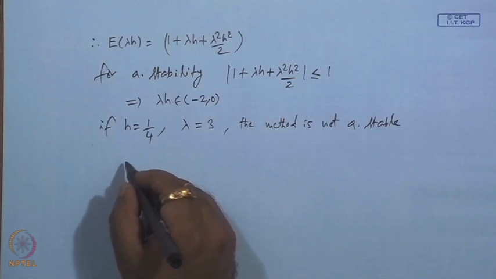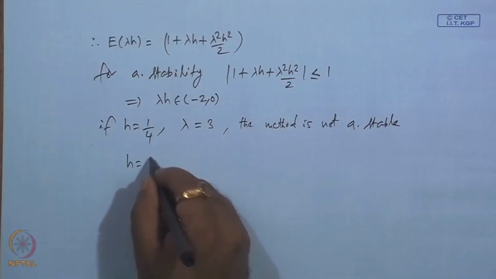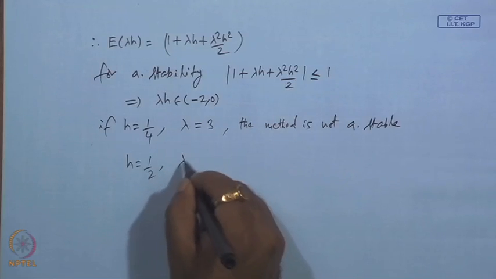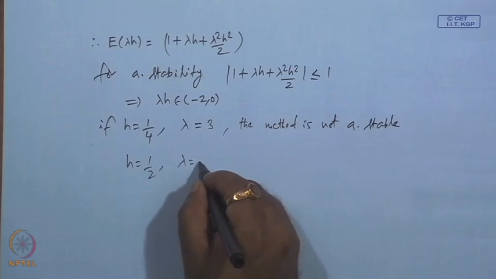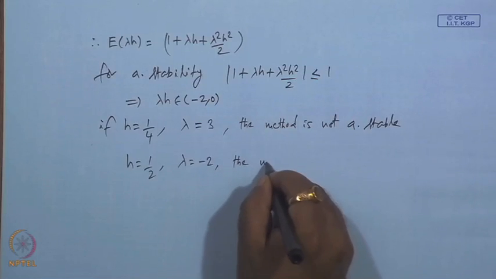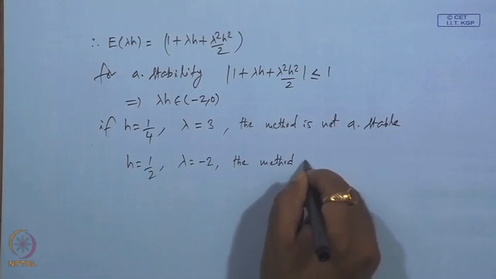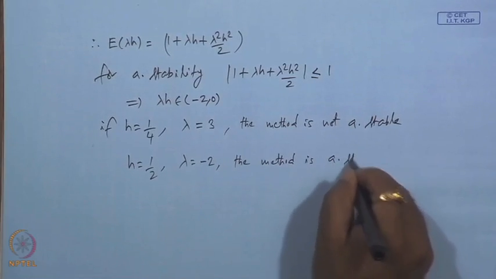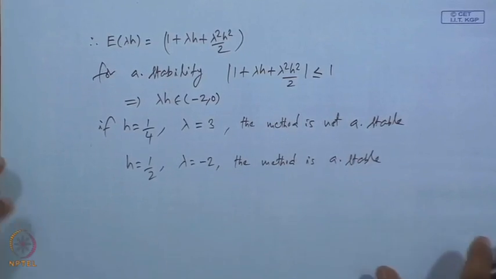Suppose h is half and lambda equals minus 2, then the method is absolutely stable.